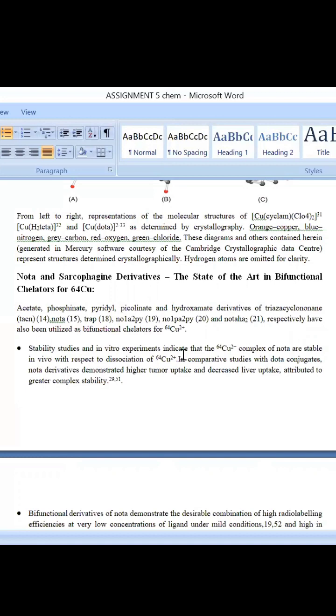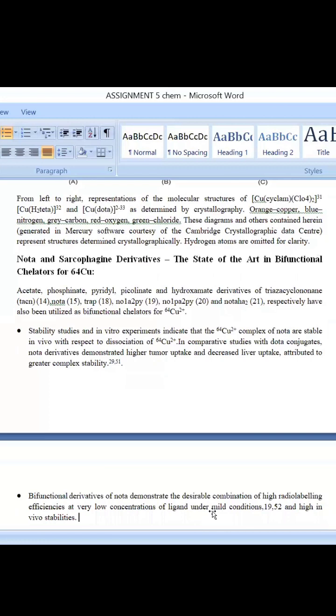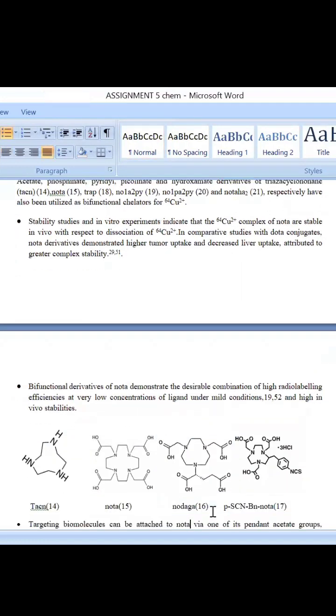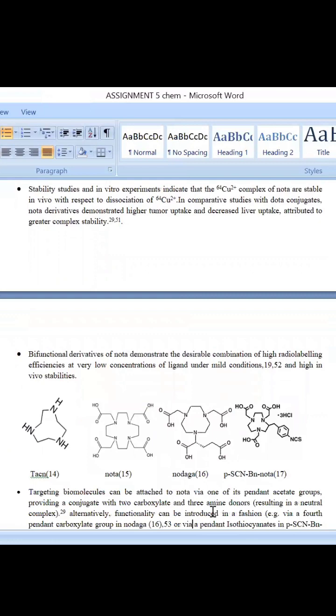Stability studies and in vitro experiments indicate that 64Cu2 positive complexes of NOTA are stable in vivo with respect to dissociation of 64Cu positive in comparative studies with DOTA conjugates, attributed to greater complex stability. Bifunctional derivatives of NOTA demonstrate the desirable combination of high radiolabeling efficiencies at very low concentration of ligand under mild conditions, and high in vivo stabilities.